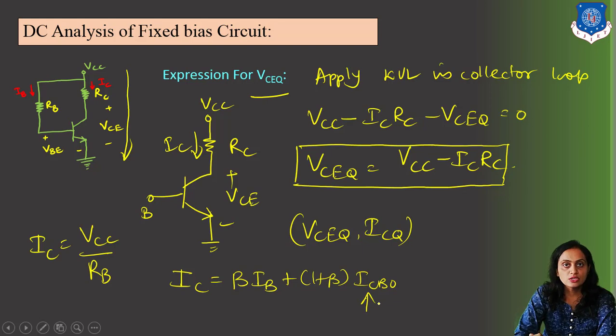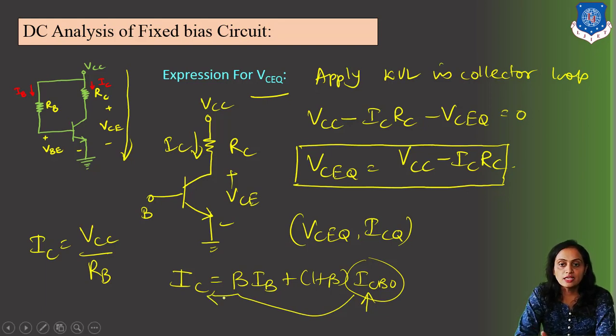ICBO is the reverse saturation current, and with the variation in this reverse saturation current we will see that the collector current is going to change, and as this collector current is going to change, we can say that the quiescent point is going to change. So it is not providing us the stabilization. That is why practically the fixed bias circuit is not used for bias stability.